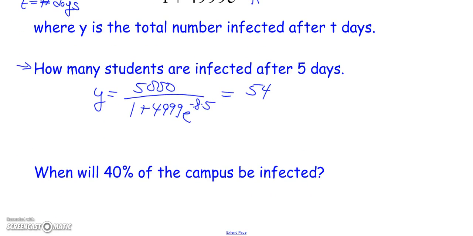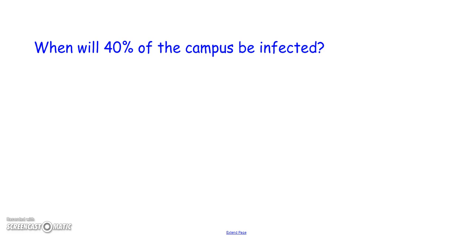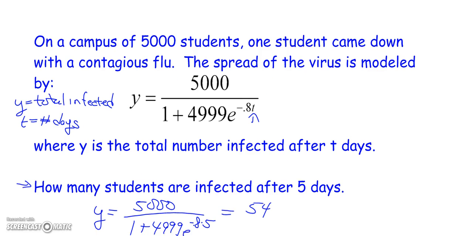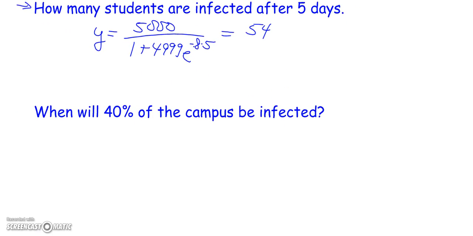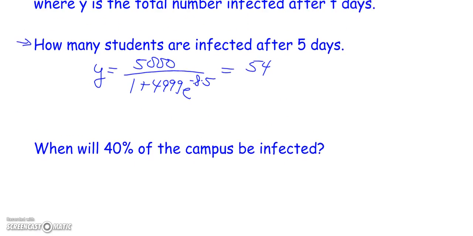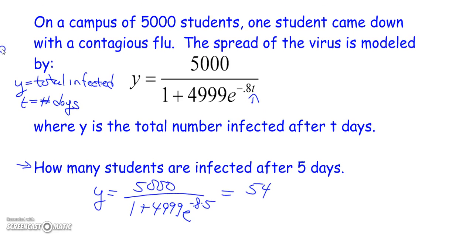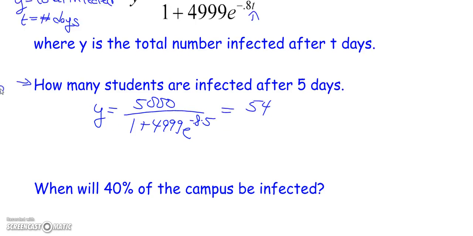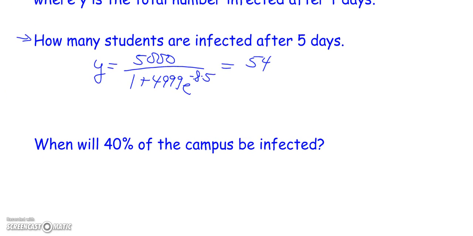Okay, so anyway, last part here would be, when will 40% of the campus be infected? And we're still using that same equation, but what I want to stress is 40%. Well, what is 40% of 5,000? Well, 10% is 500, so 40% would be 2,000. When are 2,000 people affected?